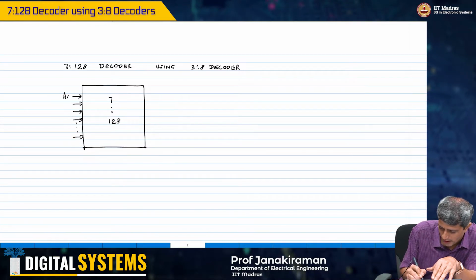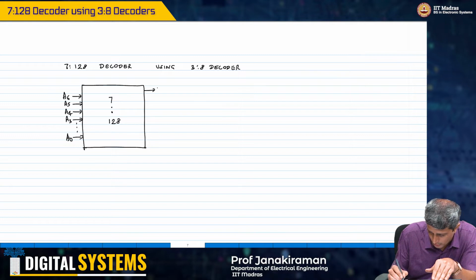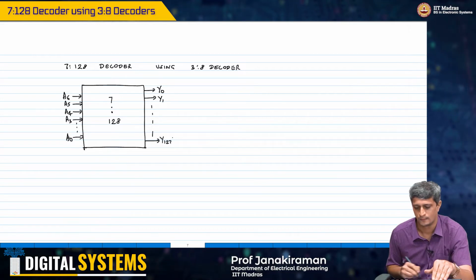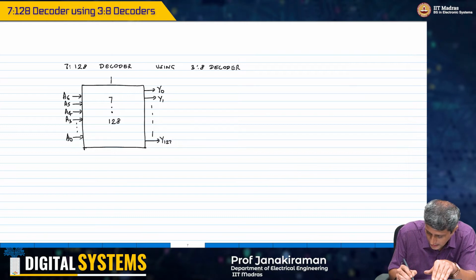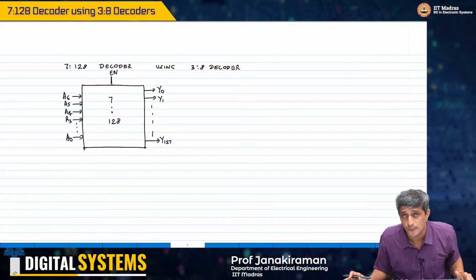So this is going to be A6, A5, A4, A3, all the way down to A0. And my outputs are going to be Y0, Y1, all the way down to Y127. And I have an enable here, right? So it's very simple.